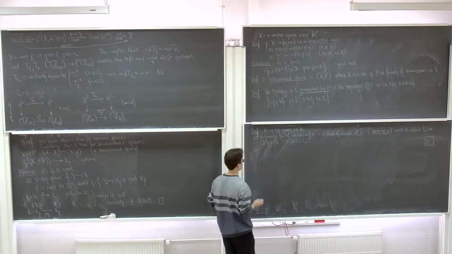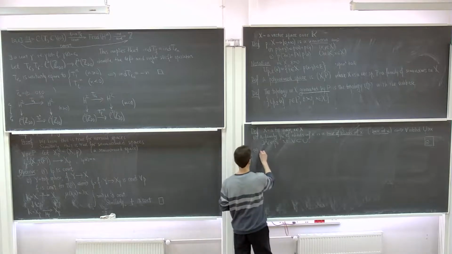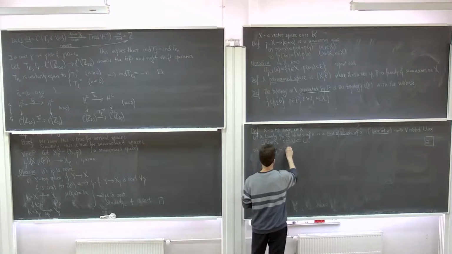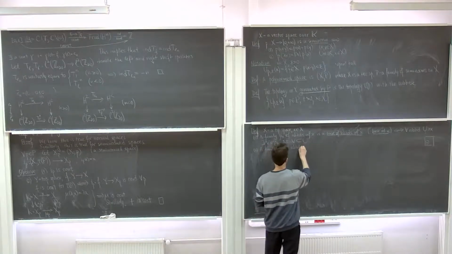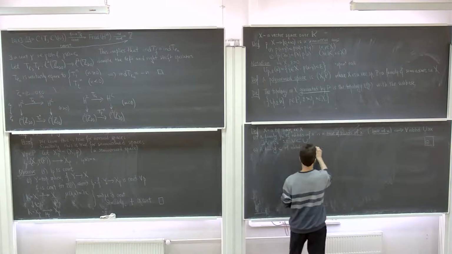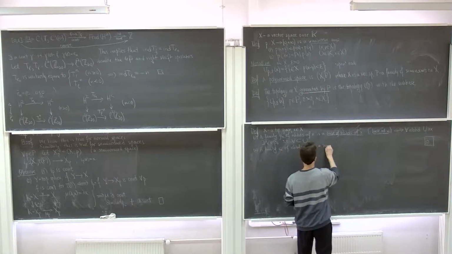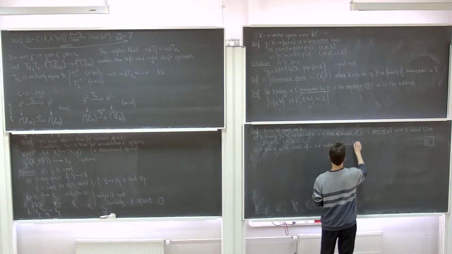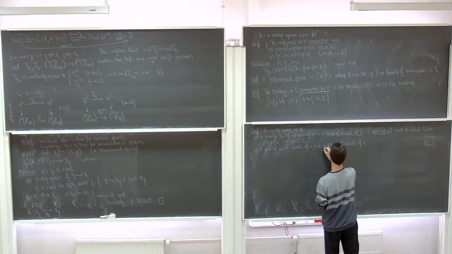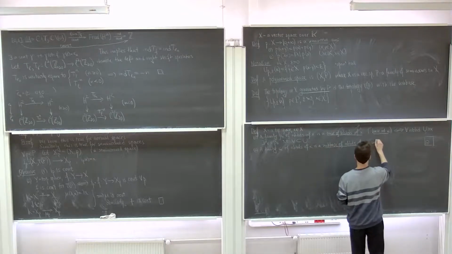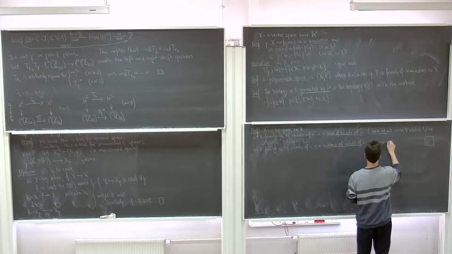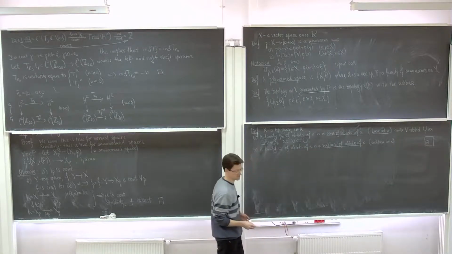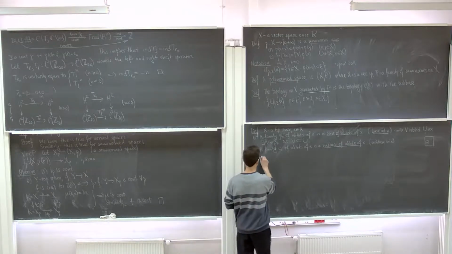A more general notion is the notion of a subbase of neighborhoods. So if we have a family, say sigma_x, of neighborhoods of x, we say that sigma_x is a subbase of neighborhoods of x, or briefly just a subbase at x, if finite intersections of sets from sigma_x form a base at x.